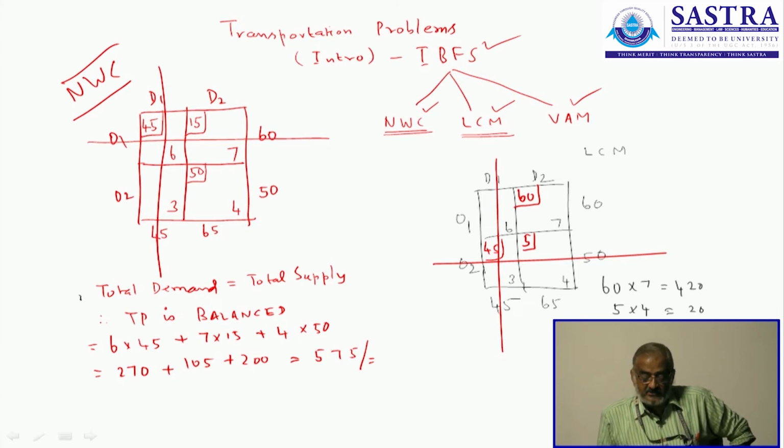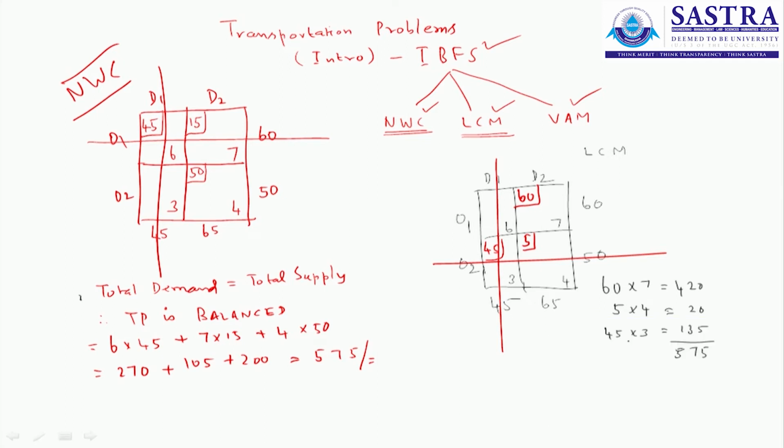Generally the least cost method will provide a better solution than the northwest corner rule, because we go by least cost of transportation. Here, fortunately or unfortunately, they are equal, but in general the least cost method will provide you, up to some extent, the least cost.